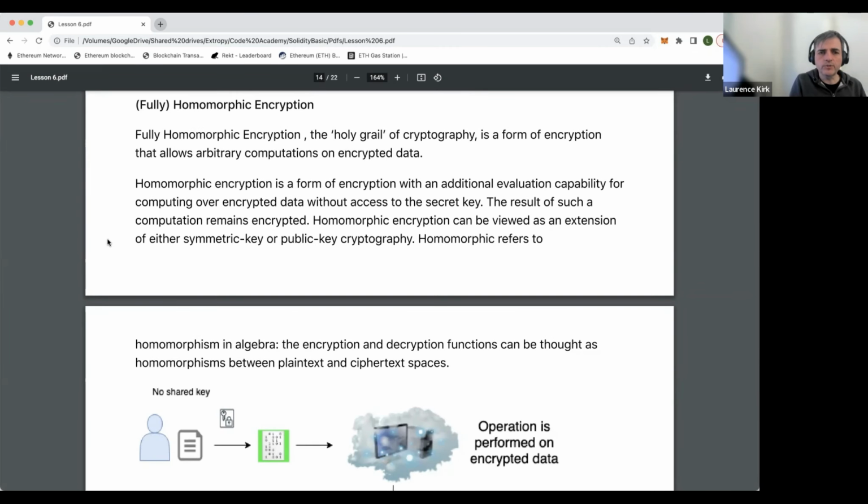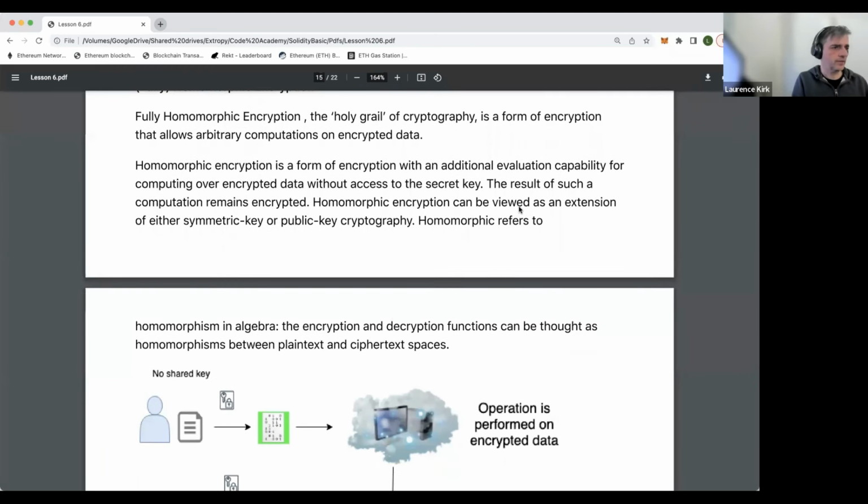This allows you to do operations on encrypted data, which again you would think would not be possible. If I encrypt some data and add it to some other encrypted data, you wouldn't expect that addition to make sense, but it can. There are some caveats, and it depends on how the data is encrypted and upon the operations that you want to do, but it is possible.